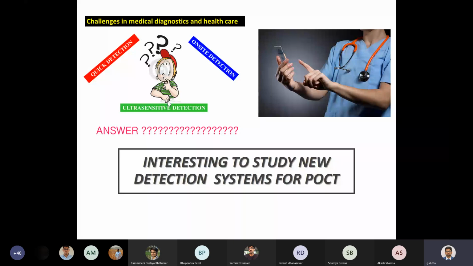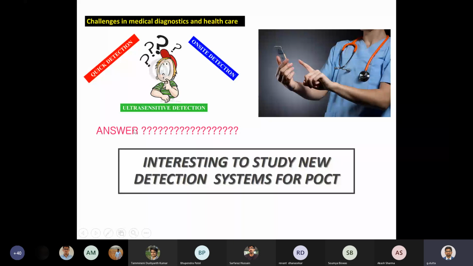But the disease is already there. You don't know because your sensor is not that sensitive. So we will develop such a device so that even a very low level of disease marker we can detect using that device. That is called ultra sensitive detection.